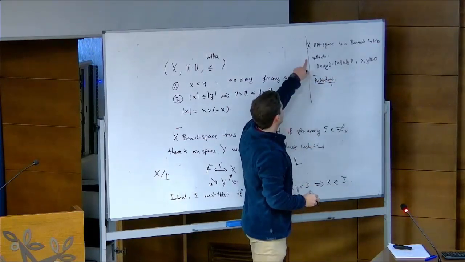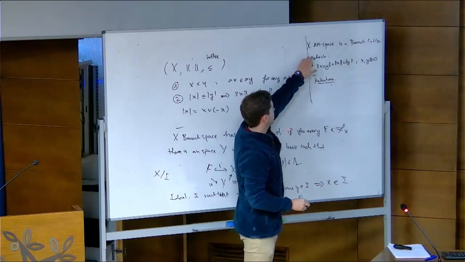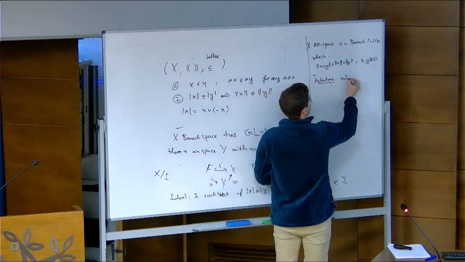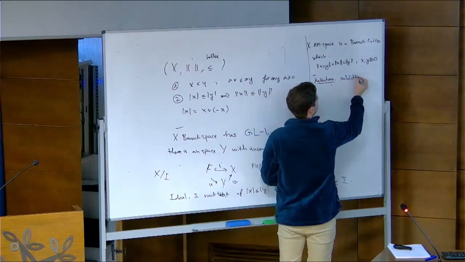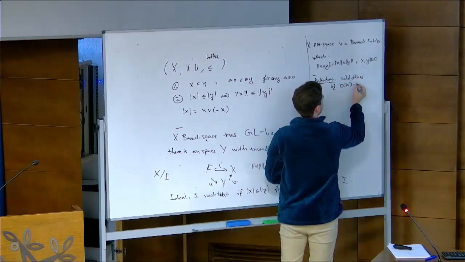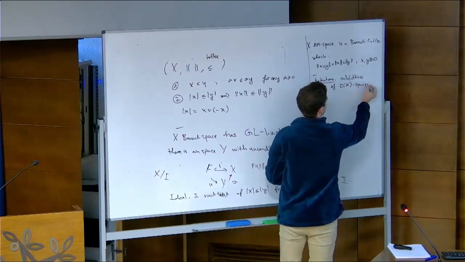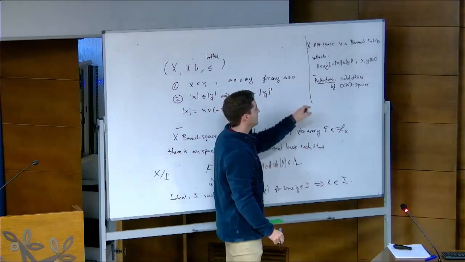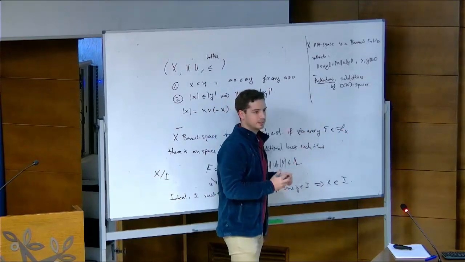And Kakutani characterized these Banach lattices as the sublattices of C(K) spaces. Every abstract M space is lattice isometric to a sublattice of a C(K) space.